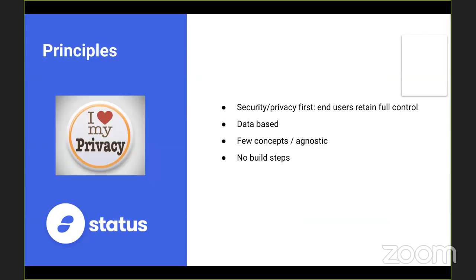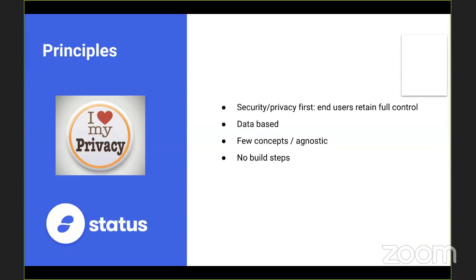To design extensions and all the architecture behind those concepts, we follow some principles. Probably the most important ones are related to security and privacy. As I said before, because extensions run directly within Status, they could potentially access anything.